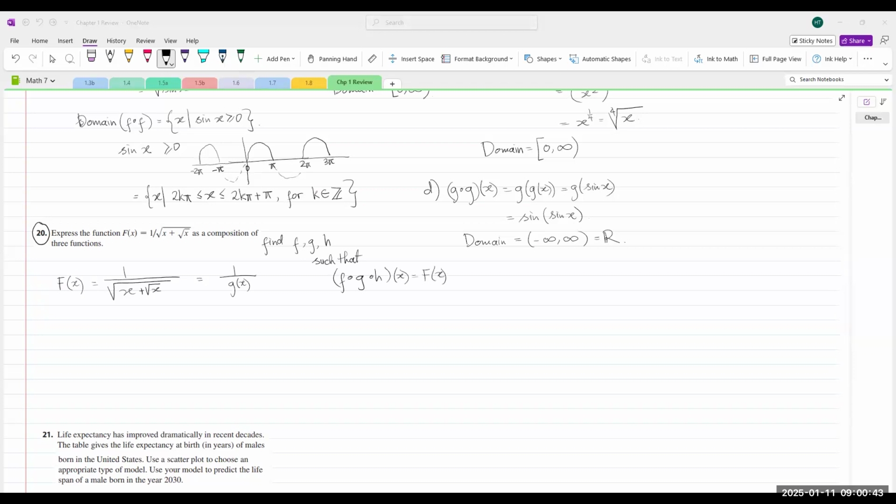Now, we don't have to write it in three different ways. We need to find three different functions that compose to this capital F. So we need to find three functions such that f compose g compose h gives us this function. That's the question.